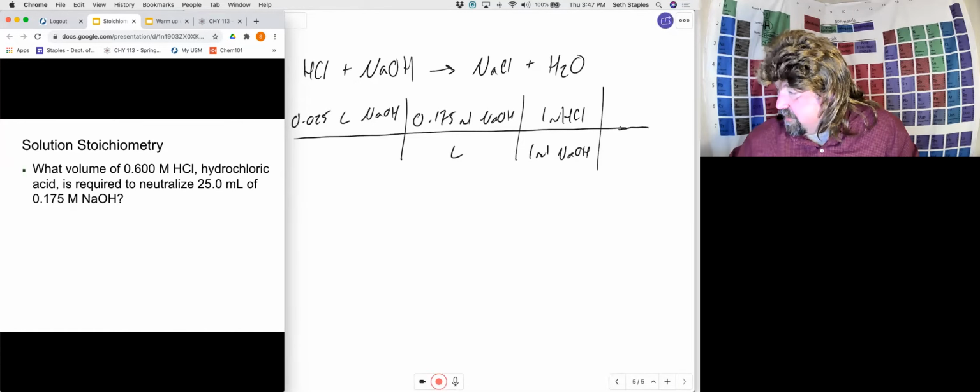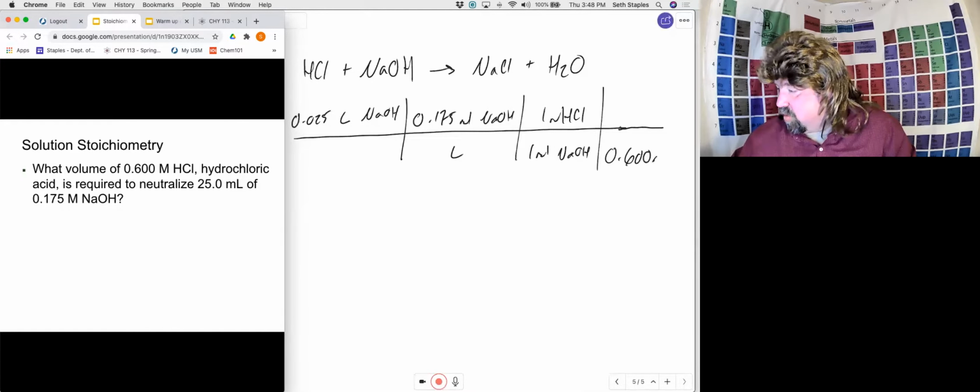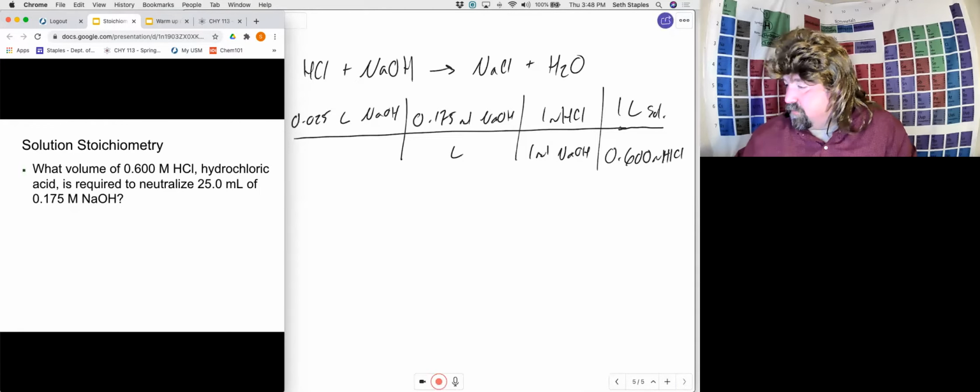And then finally, I know that it's a 0.600 molar solution of HCl. I need moles of HCl to cancel. So now my 0.600 moles of HCl goes down bottom, and 1 liter of my HCl solution up top.